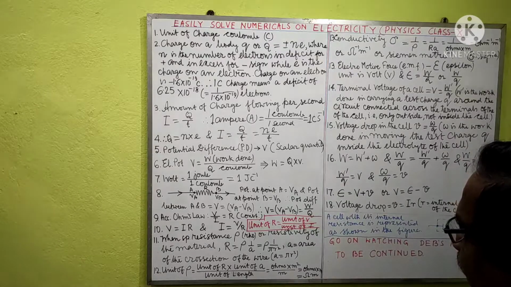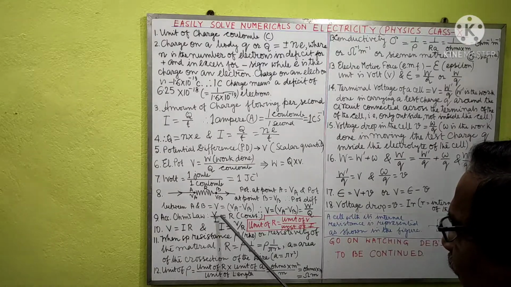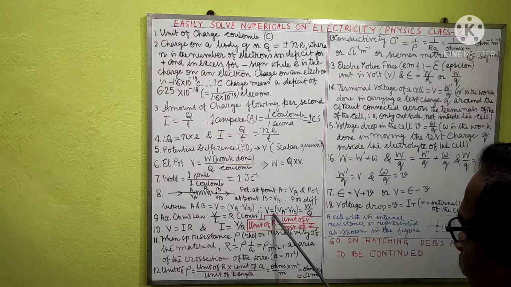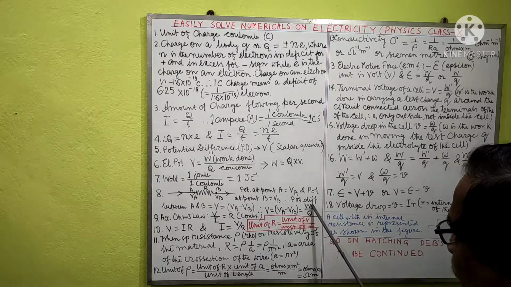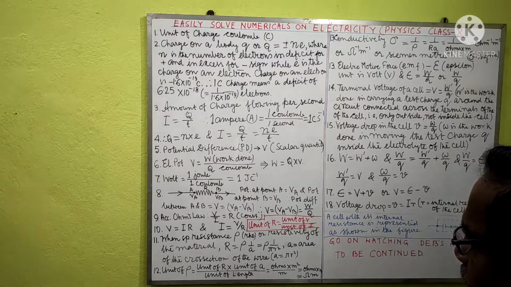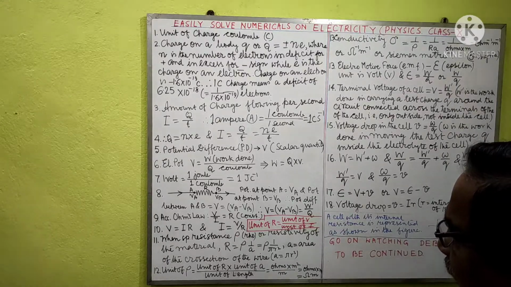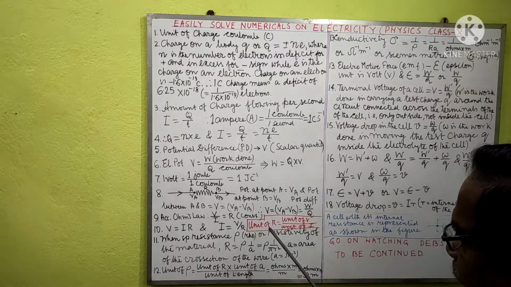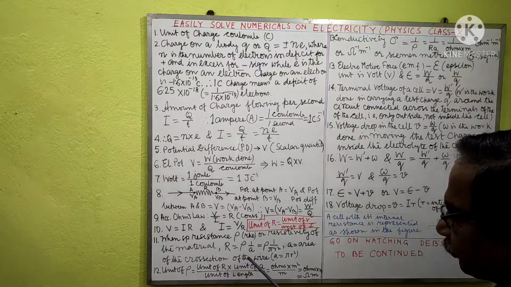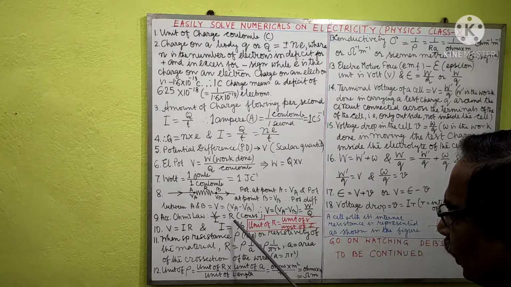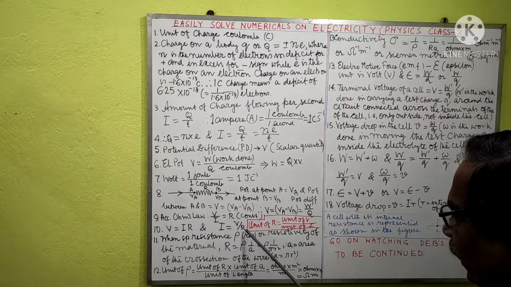Therefore potential difference between A and B, that is V equal to VA minus VB, this is equal to W by Q. And from Ohm's law we are getting that V by I equal to R. R is a constant. It is called resistance of the conductor. Therefore V equal to I into R, and I equal to V by R.